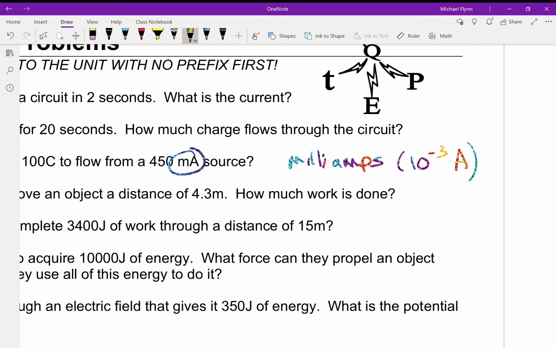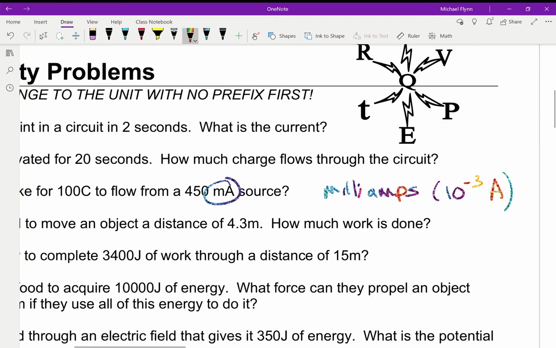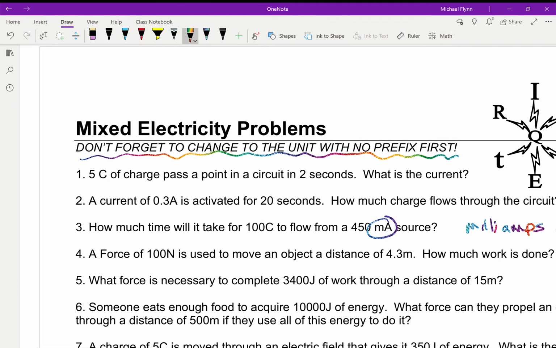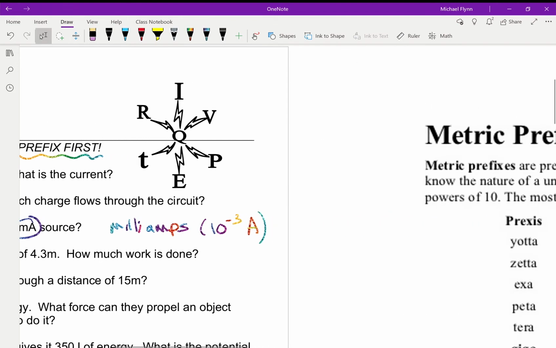So you have to divide this number by 1,000 to convert it into amps. You must do that first. It says here, don't forget to change the unit. You need to change it so it has no prefix. In other words, you have to convert the ones with a metric prefix like milli or kilo to the standard unit first, without the prefix, before you do the calculation.